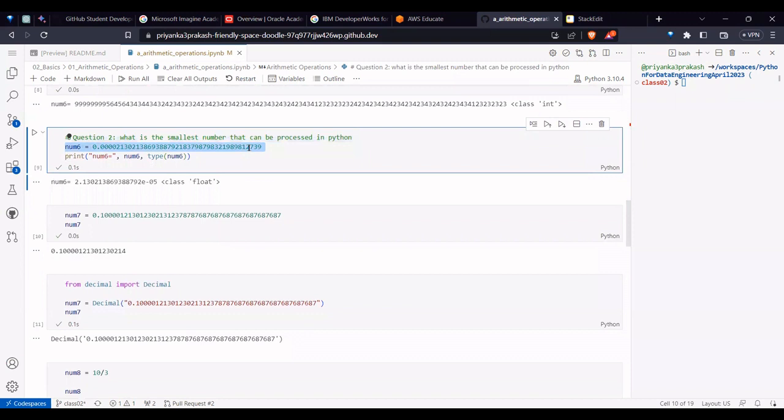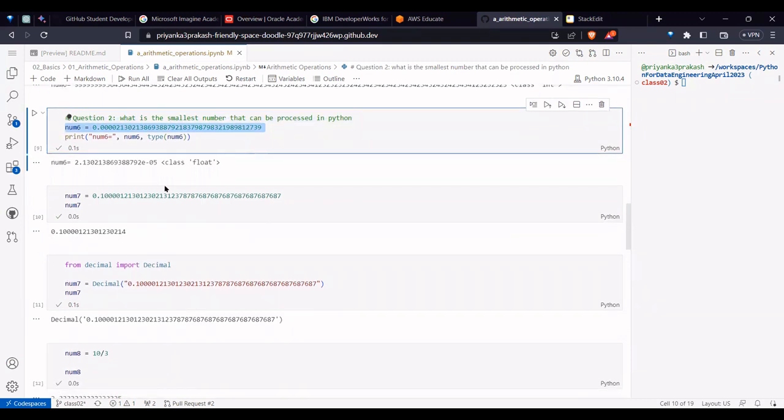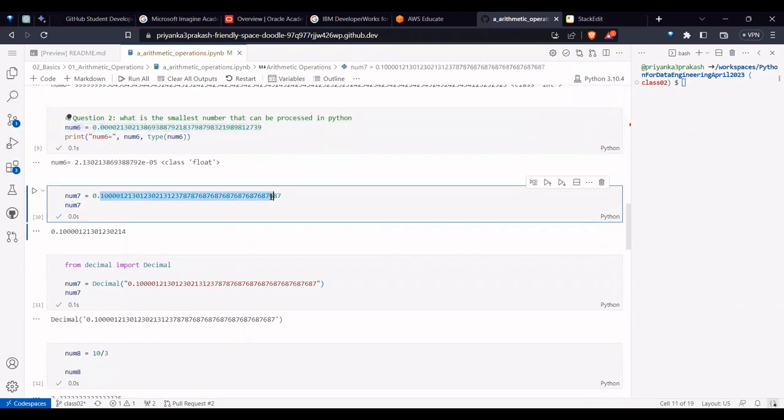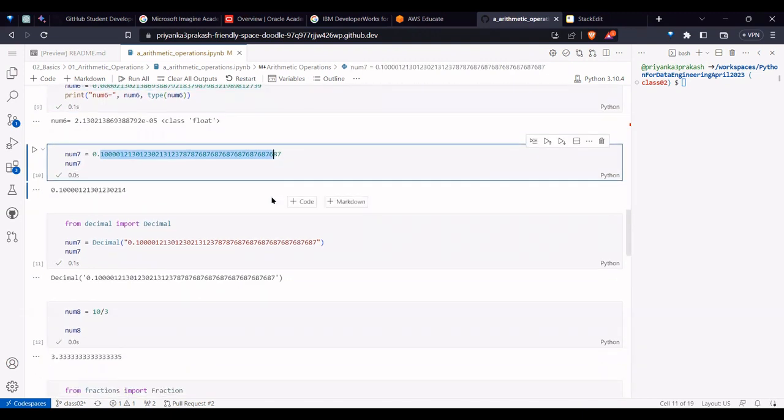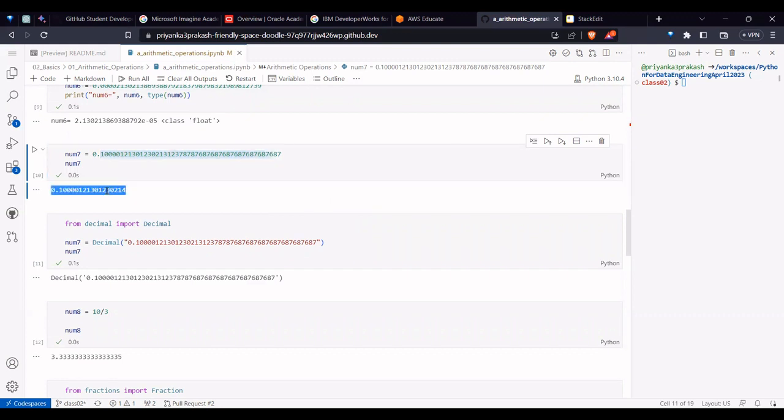We may think otherwise, but even storing a small number takes a lot of memory. And when storing a very small value, generally it will not store beyond 16 digits after the decimal.